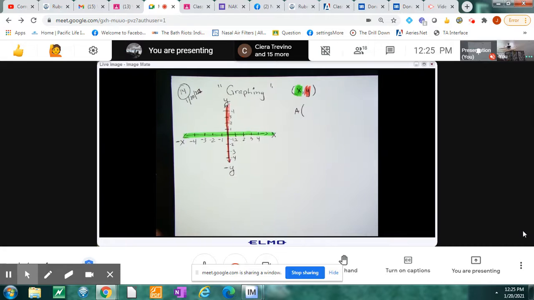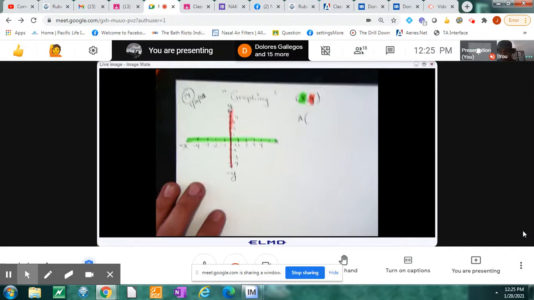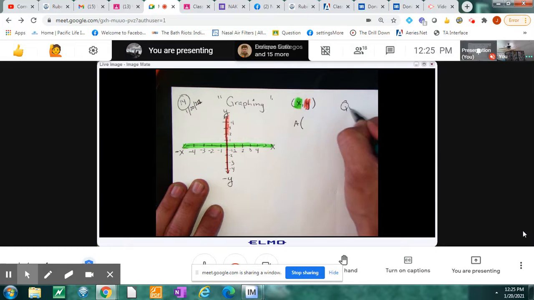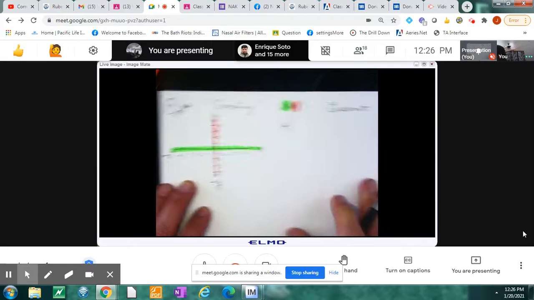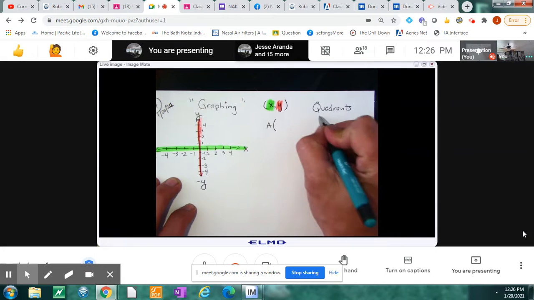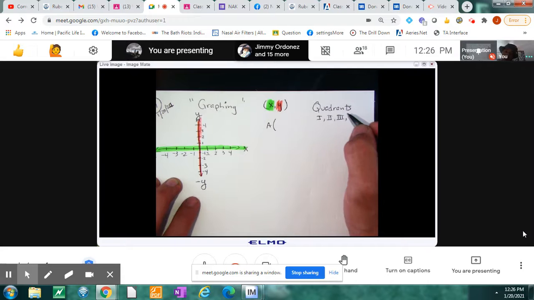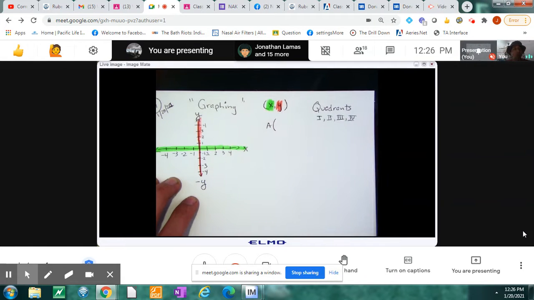It starts with a Q. Nobody wants to type it in? Scared? Don't be scared. They're called quadrants. There's one, two, Roman numeral 3, and Roman numeral 4. So they're called quadrants.